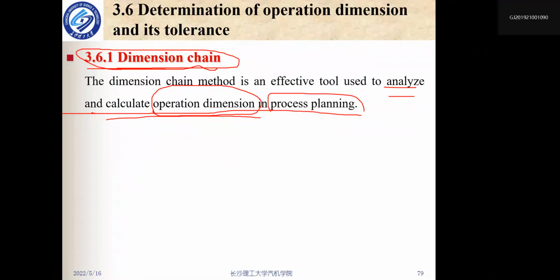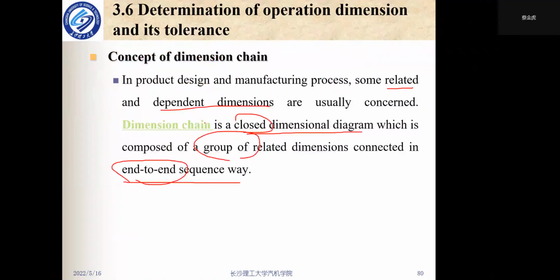The dimension chain is an effective tool used to analyze and calculate operation dimensions in process planning. A dimension chain is a closed dimensional diagram which is composed of a group of related dimensions connected in end-to-end sequence.